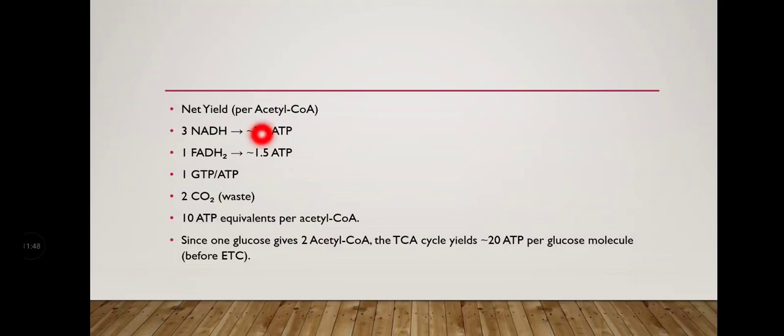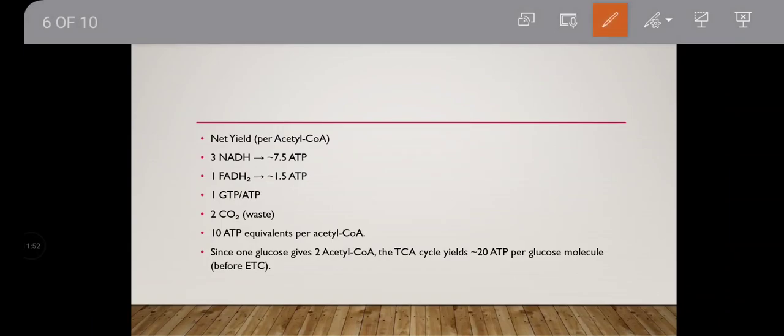And remember that 1 NADH yields 2.5 ATP molecules. So now if we have got 3, it means 3 by 2.5 gives us what? 7.5.